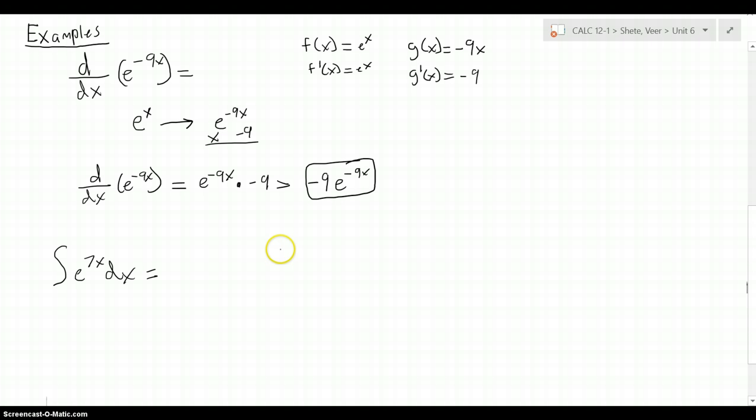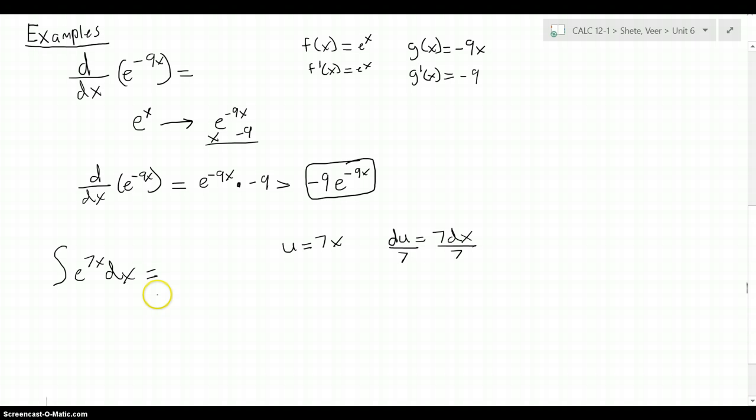So in this case, our u value is equal to 7x, which means that our du value is equal to 7 dx. Now, because there isn't a 7 dx in the function, but there's a dx, we will divide this side out by 7 and this side out by 7 in order to be able to plug in our u and du for our function.